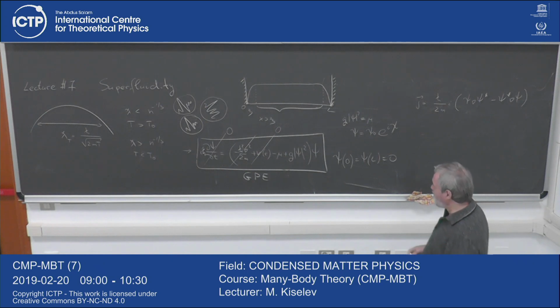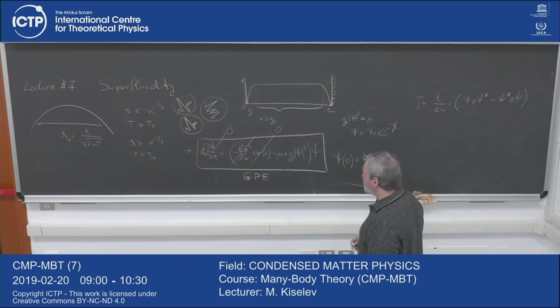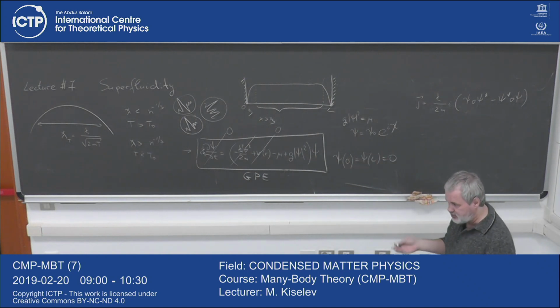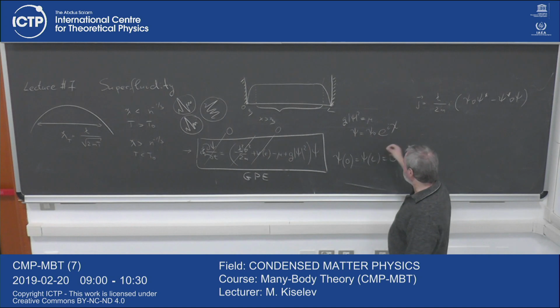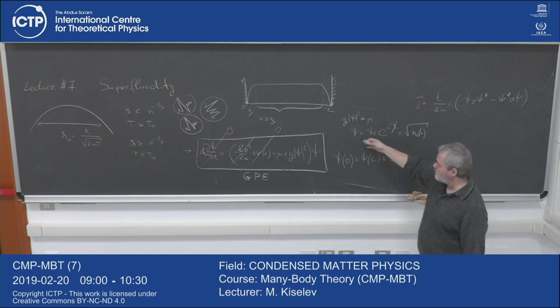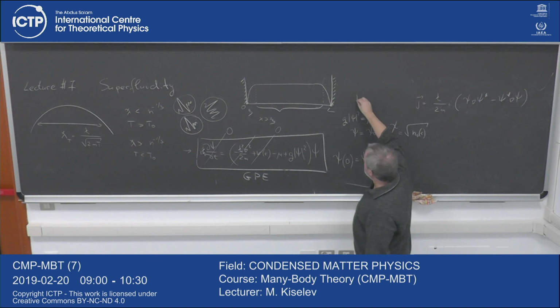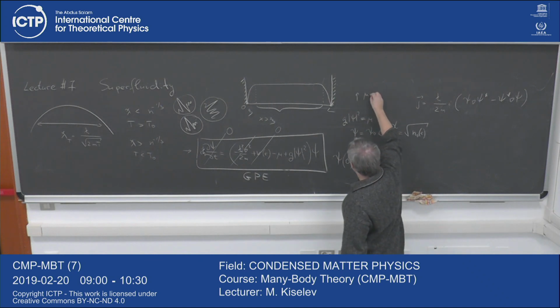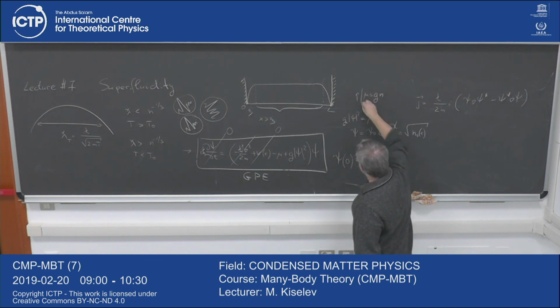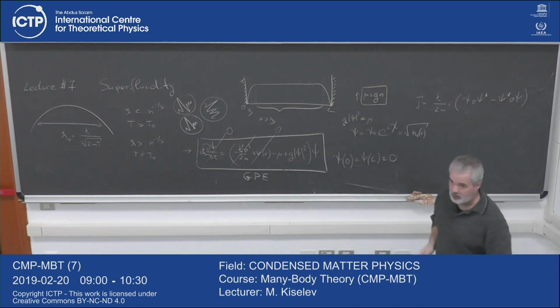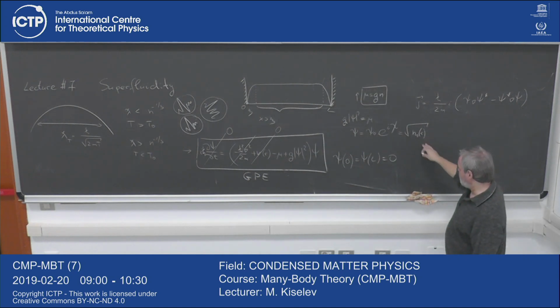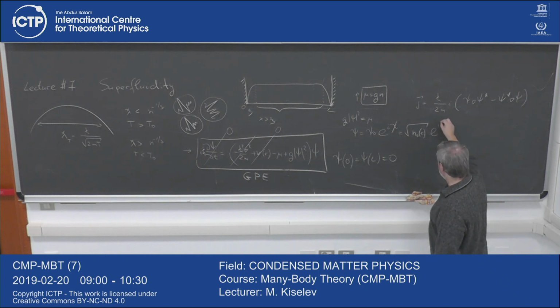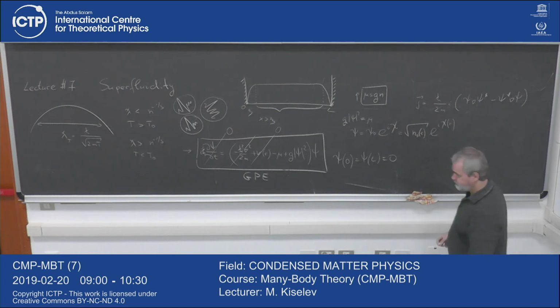But since the square modulus of the wave function gives us the density of the condensate, without losing generality I can write psi as square root of n node of r times e to the i chi of r. You remember that we got mu is equal to g n. This was our Pines-Gross-Pitaevskii theorem.